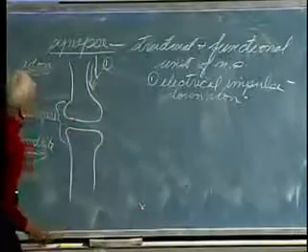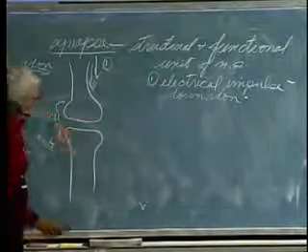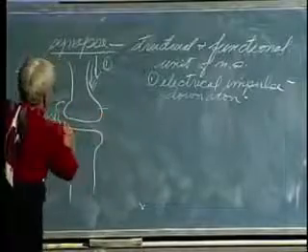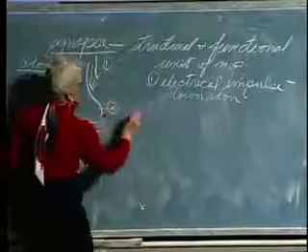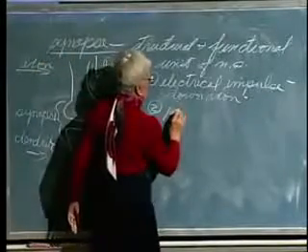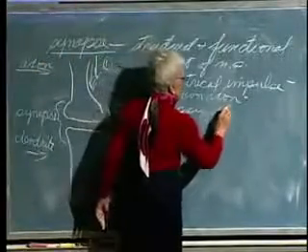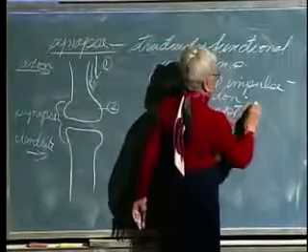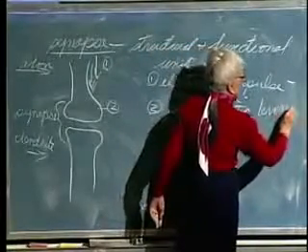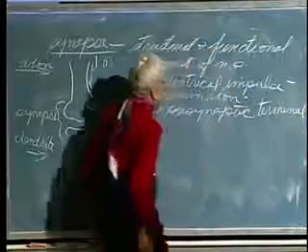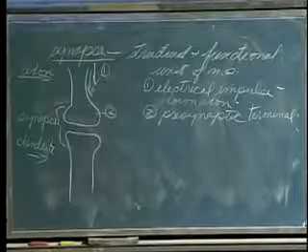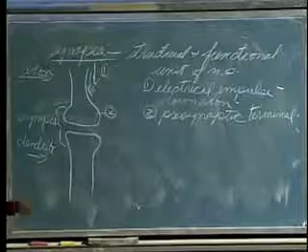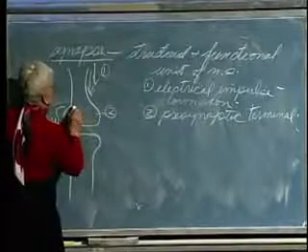And then we come to what's called the presynaptic terminal. If this is my synapse in here, this is my presynaptic terminal. The presynaptic terminal is filled with little packets of neurotransmitter, vesicles. So we're going to put in vesicles.